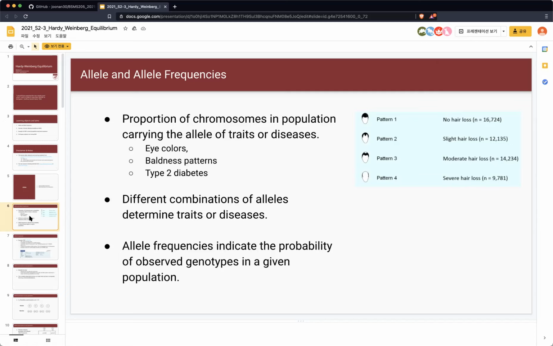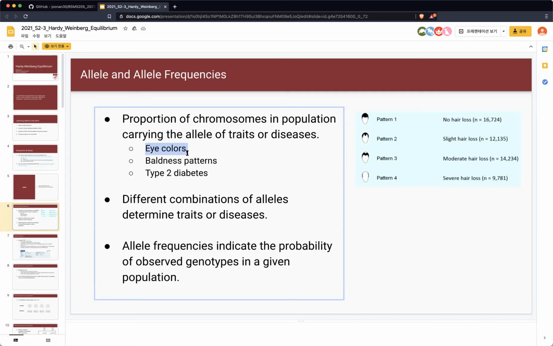So when we look at the populations, when we look at certain phenotypes like eye colors, some people have black, brown, or blue, and those eye colors have different proportions in the population, and this different proportion is followed by the proportion of the alleles in the chromosomes.